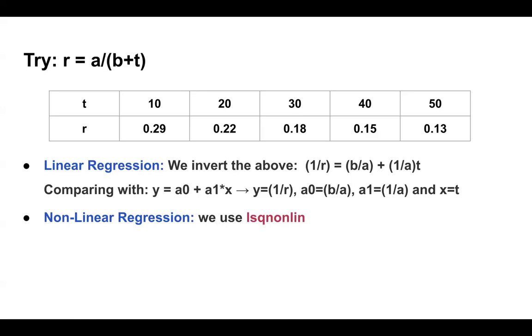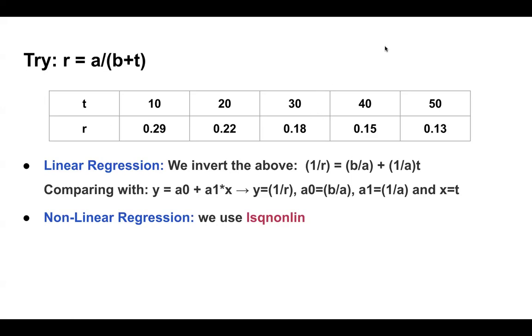That is 1 by r is equal to b plus t divided by a, and that can be written as b divided by a plus t divided by a. Right? So this thing comes like this.